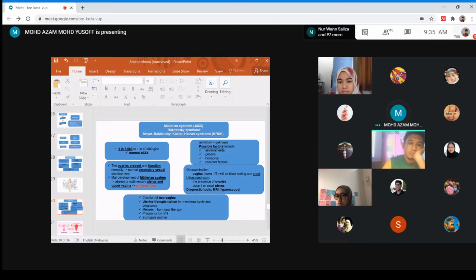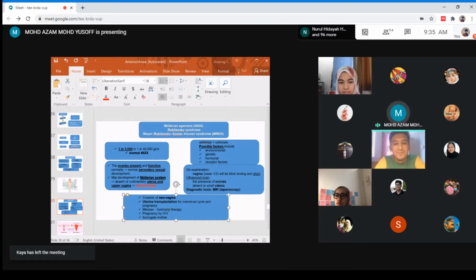This type of patient has a future to get pregnant and have a kid because they have normal ovary. They can produce ovum for pregnancy, but they don't have a uterus to place the pregnancy. Before this, we used a surrogate mother: get the ovum from this patient, do IVF, and put the embryo into the surrogate mother. But the coming option nowadays is uterine transplantation. So the patient can have menses again and pregnancy.